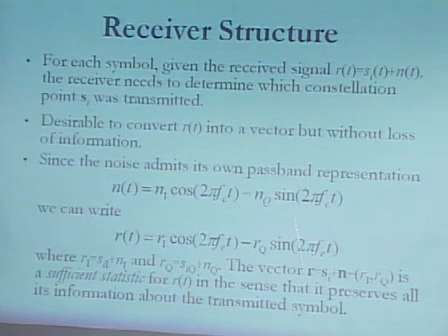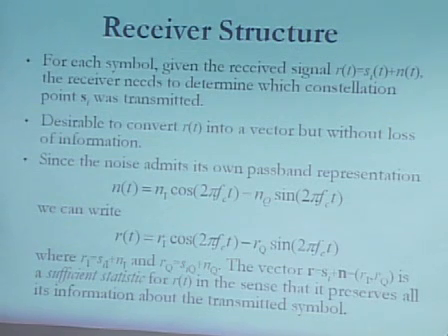Putting the pieces together, the in-phase component of the received signal is equal to the in-phase component of the signal that was sent plus the in-phase component of the noise. Similarly, the quadrature component of the received signal is equal to the quadrature component of the ith signal that was sent, plus the quadrature component of the noise.